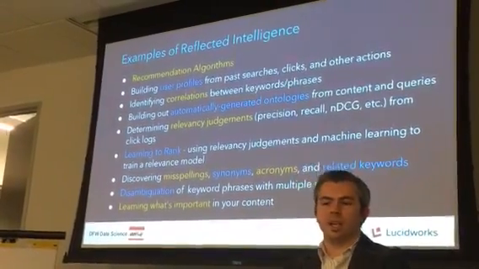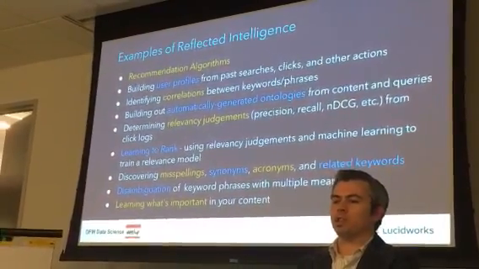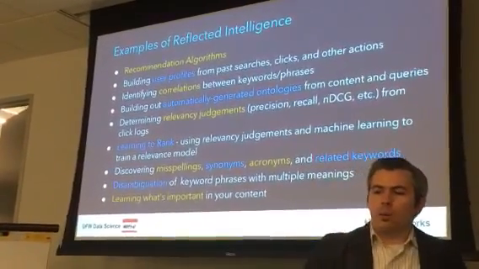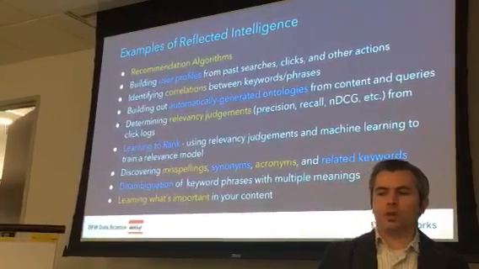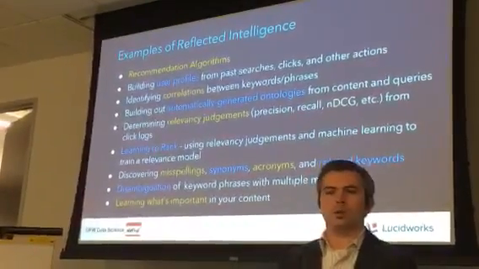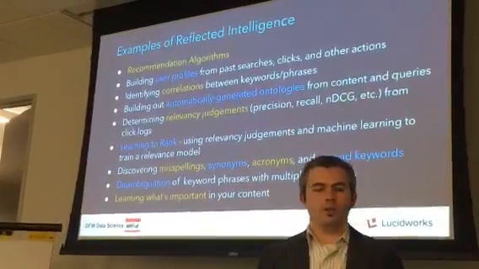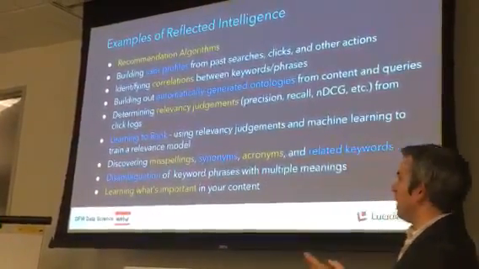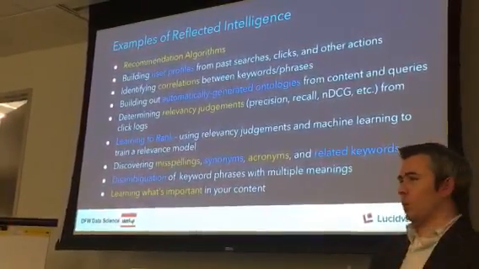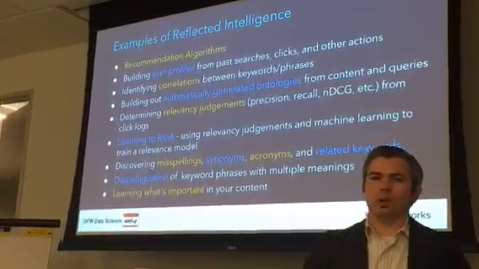So some examples of reflected intelligence include one we already saw, which is recommendation algorithms, building user profiles from past searches, clicks, and other actions, identifying correlations between keywords and phrases, building out automatically generated ontologies from content and queries, determining relevancy judgments using things like precision, NDCG scores, etc. from click logs, learning to rank, which I'll show in just a minute, which is using relevancy judgments and machine learning to train a relevance model, the ability to discover misspellings, synonyms, acronyms, related keywords, etc. automatically from query logs or from content, disambiguation of keyword phrases with multiple meanings, and ultimately learning what's important from your content.